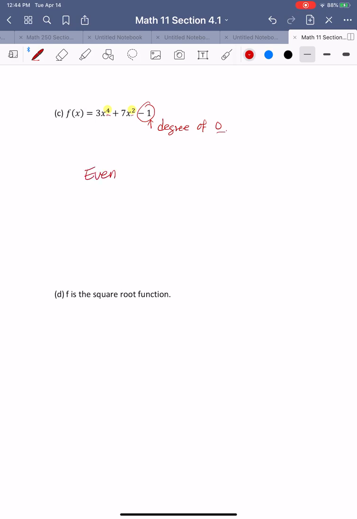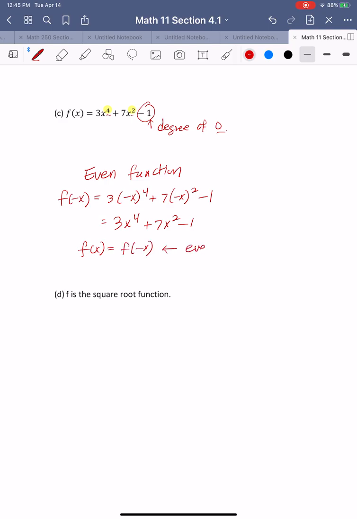So it's an even function. Also, when you plug negative x into the function, it still comes out the same as the original, which means f of x is the same as f of negative x. Because of that, it's an even function.